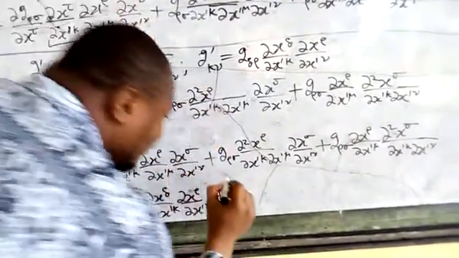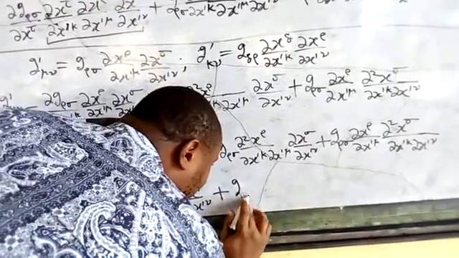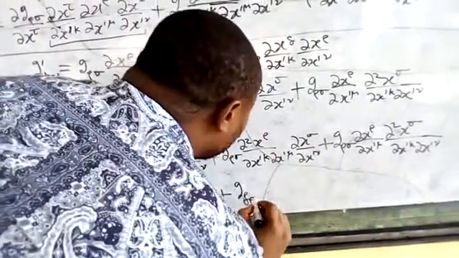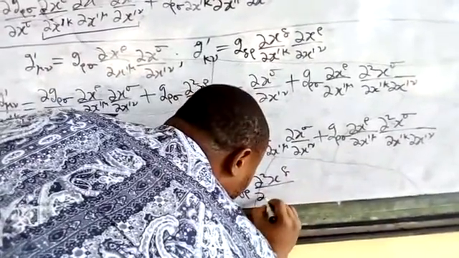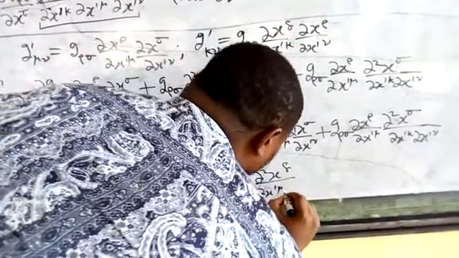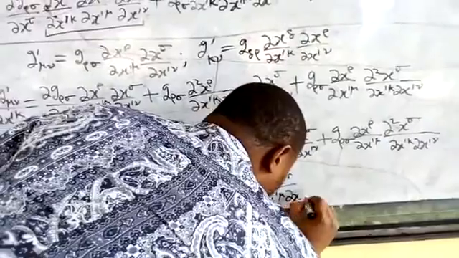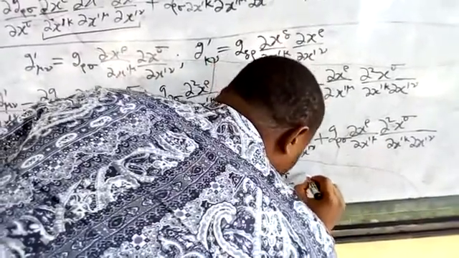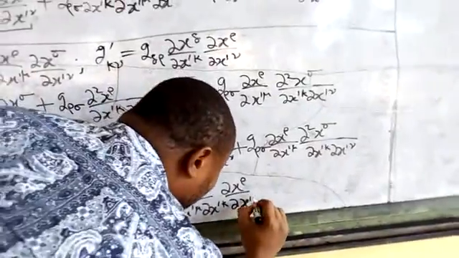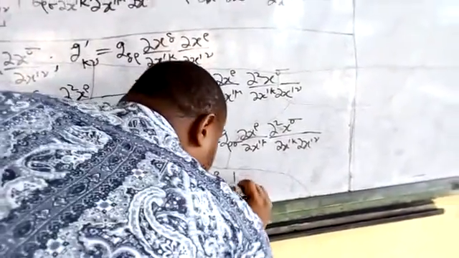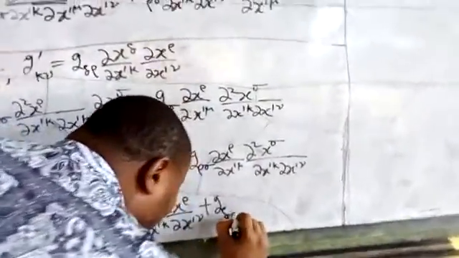Plus, I leave the first, I treat it as a constant, and the next I'm going to have the x delta, the x prime mu, and the next is going to be the x prime k. And of course, this remains untouched. We'll leave it alone.